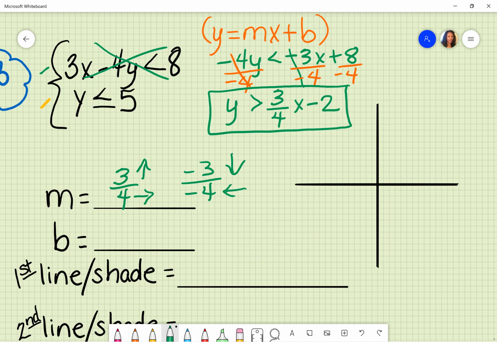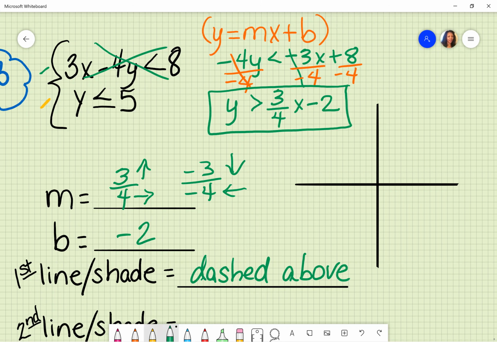All right, back to my y-intercept. It is going to be negative 2. And the line for this one is going to be, because it is a greater than symbol, that means it's dashed and it's shaded above.